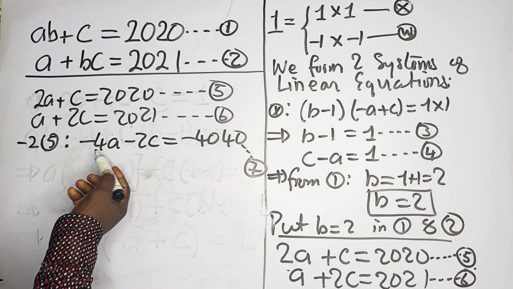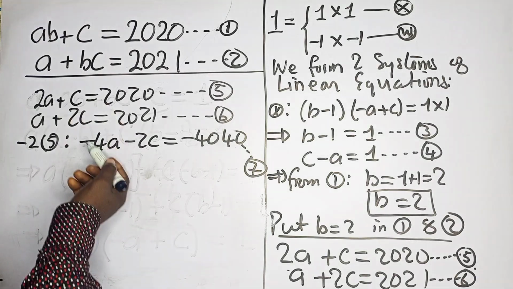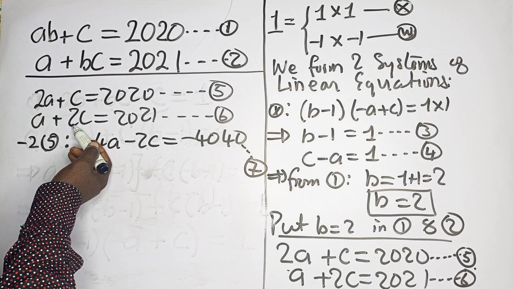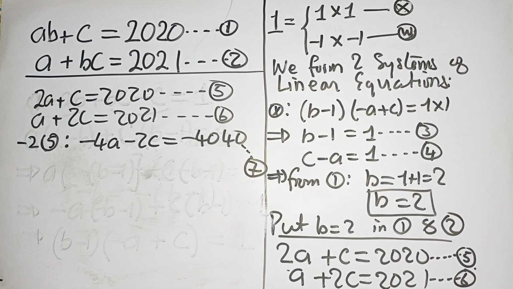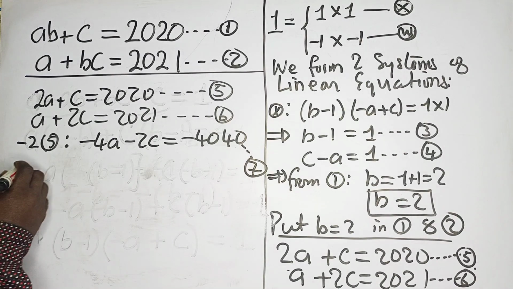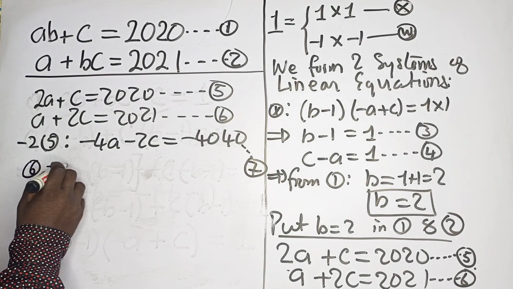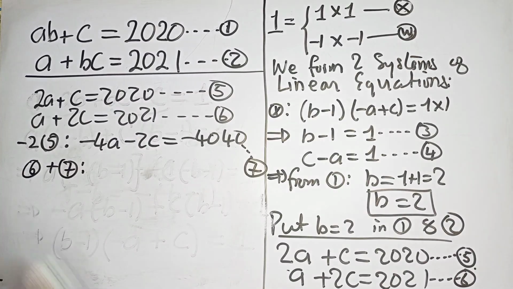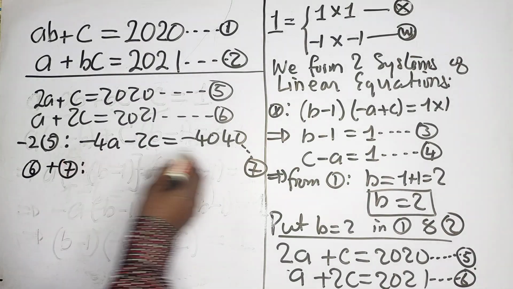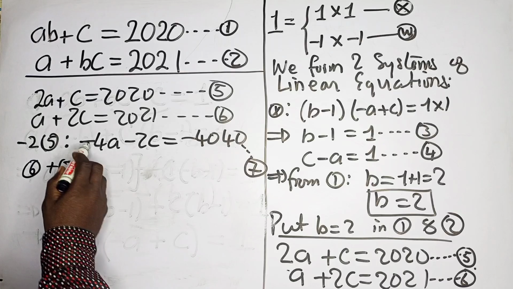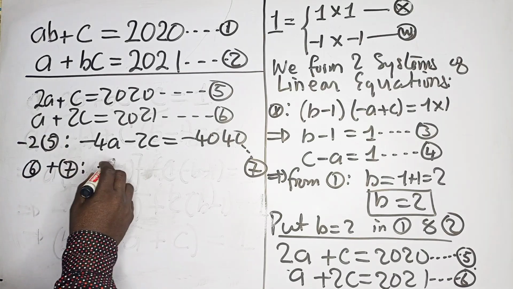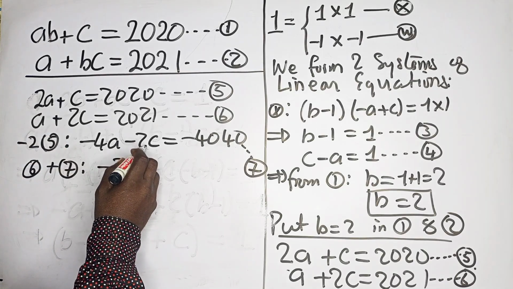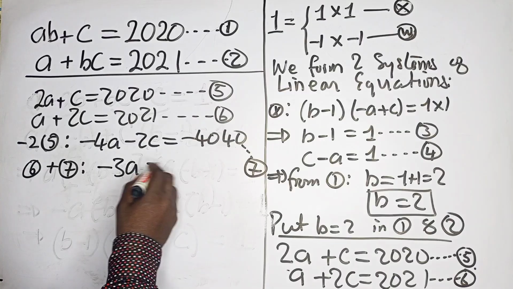Now look at it. This is negative 2c, this is positive 2c. So we say equation 6 plus equation 7. What do we obtain? We're taking this equation and adding it to this equation. Negative 4a plus a is negative 3a. Negative 2c plus 2c is 0.